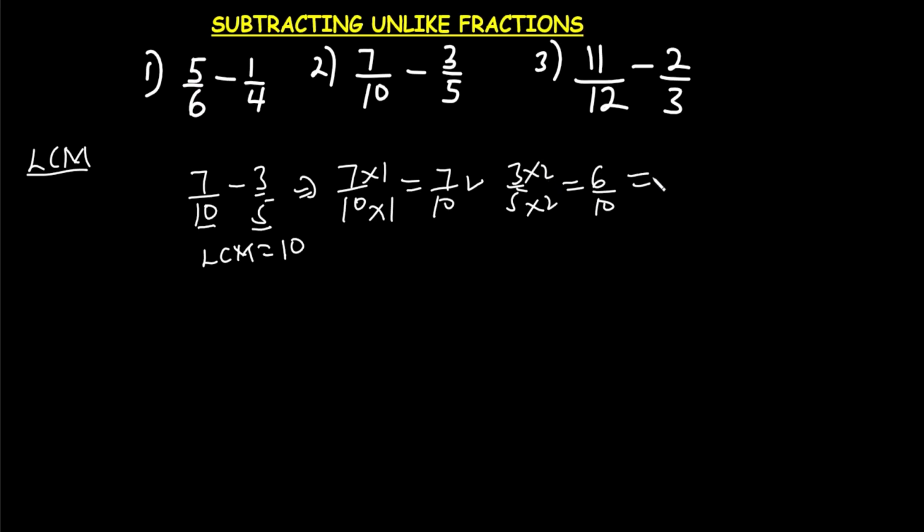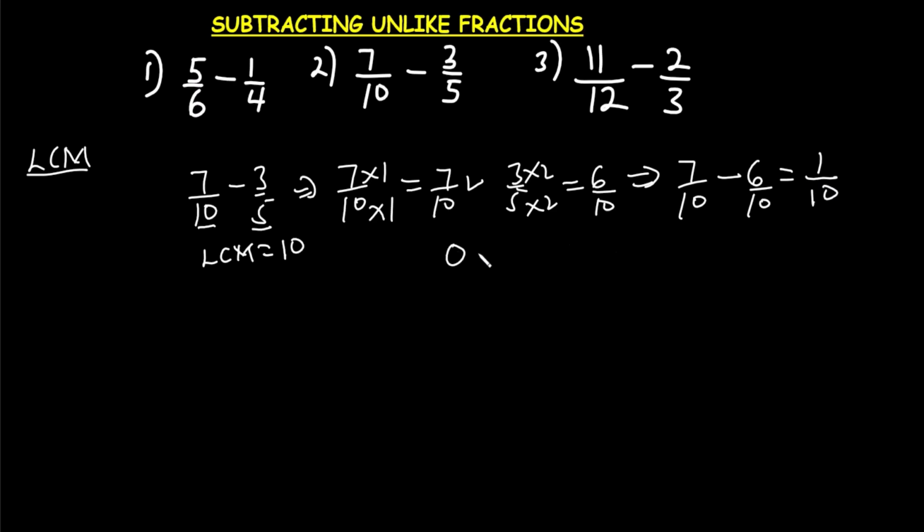Now the first one I got 7 over 10, and the second one I got 6 over 10. 7 over 10 minus 6 over 10 gives 7 minus 6, which is 1 over 10.